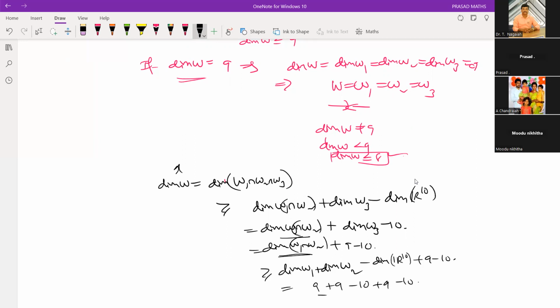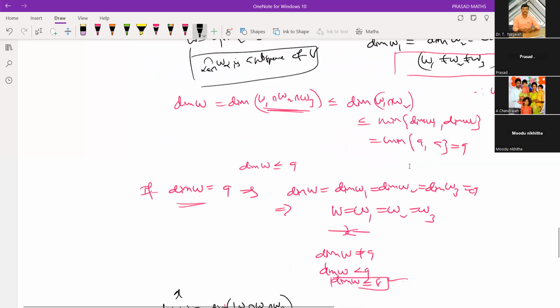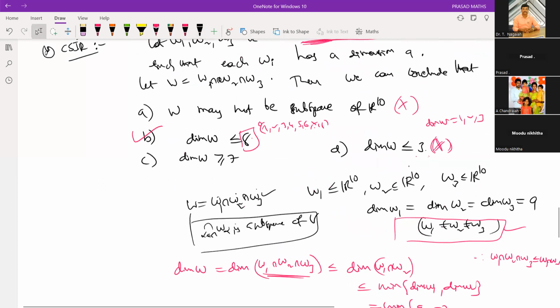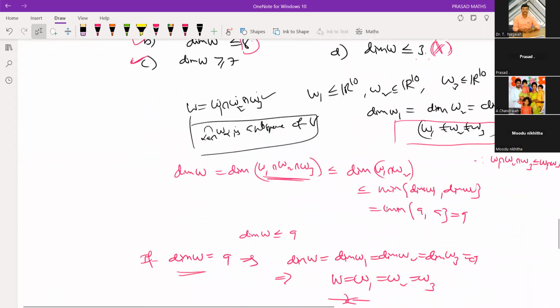What is this? 27 minus 20. Therefore 7. So 7 is a lower bound. So this answer is right. So this is the way you need to filter the options. Okay. So this is a very, very important technique to find the dimension.